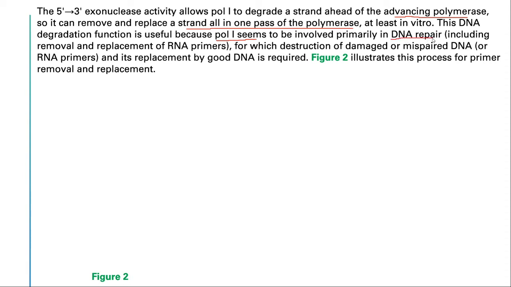Now we know that DNA Pol1 helps in only DNA repair, but at that time the whole thing was an assumption, including the removal and replacement of RNA primers, for which destruction of damaged or mispaired DNA or RNA primers and their replacement by good DNA is required.